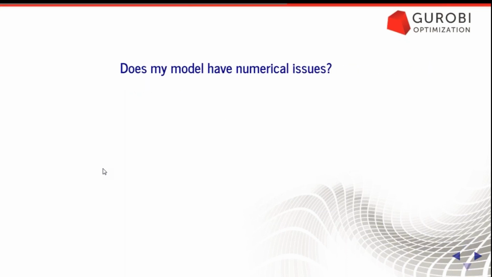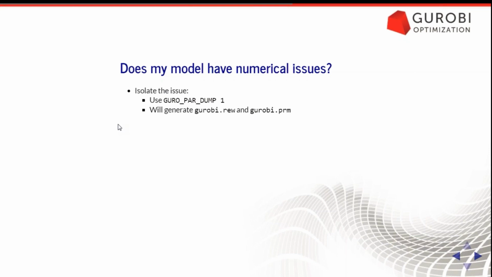So how do you check if your given model has numerical issues, which is an important question? How do we go about that? Probably the first thing to do is try to separate whatever you're doing in your code from whatever the solver is doing. An easy way to do that is to use this parameter, GURO_PAR_DUMP equal 1.